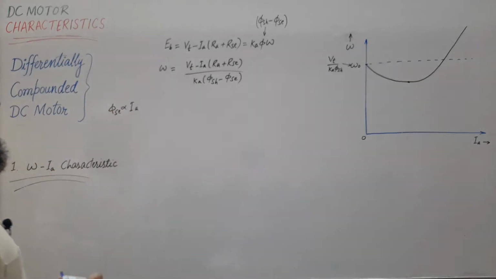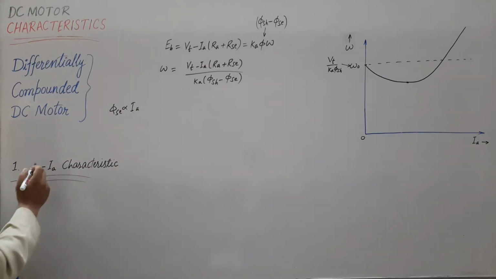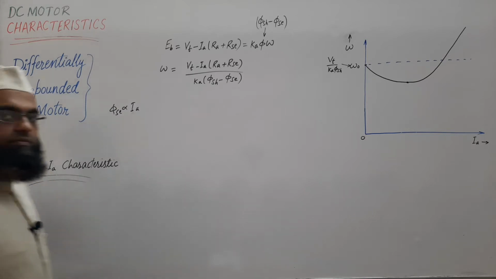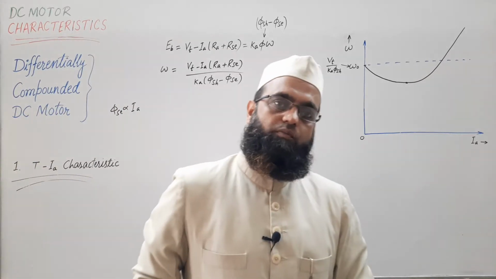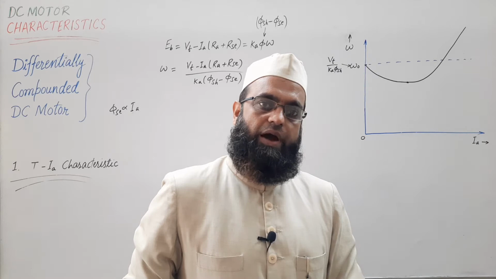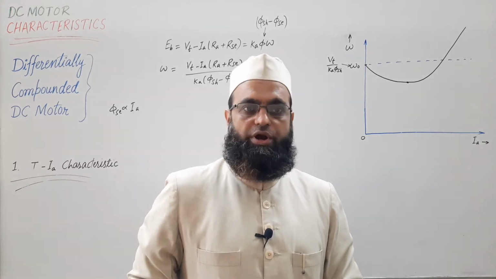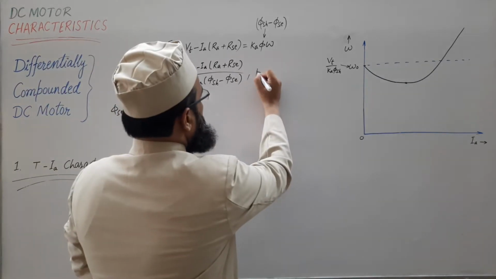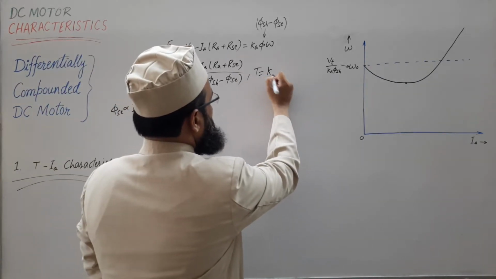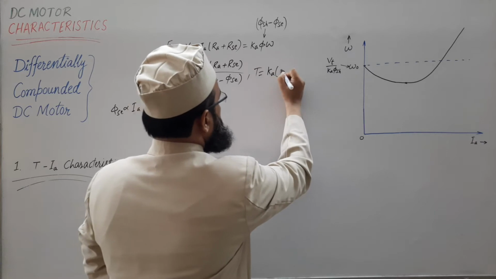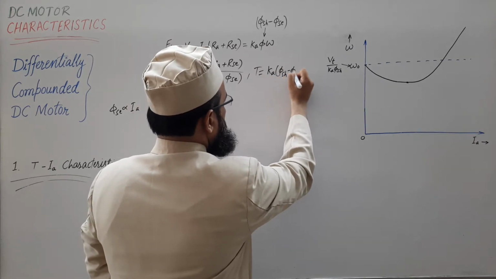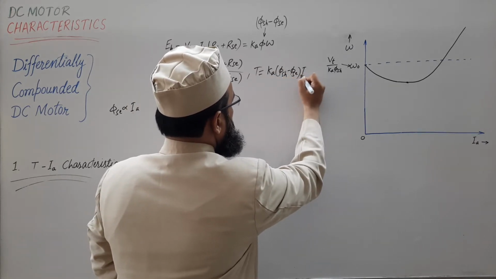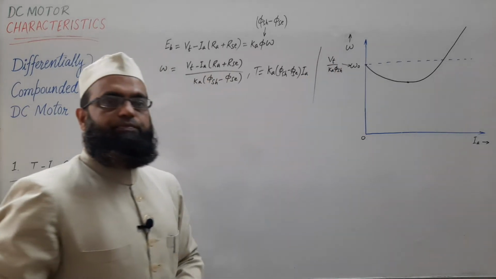If you want to plot torque versus IA, if you want to plot torque against armature current IA for differentially compounded DC motor, then we need to write the equation of torque as machine constant Ka, resultant flux, which is phi SH minus phi SE times IA. We know it.